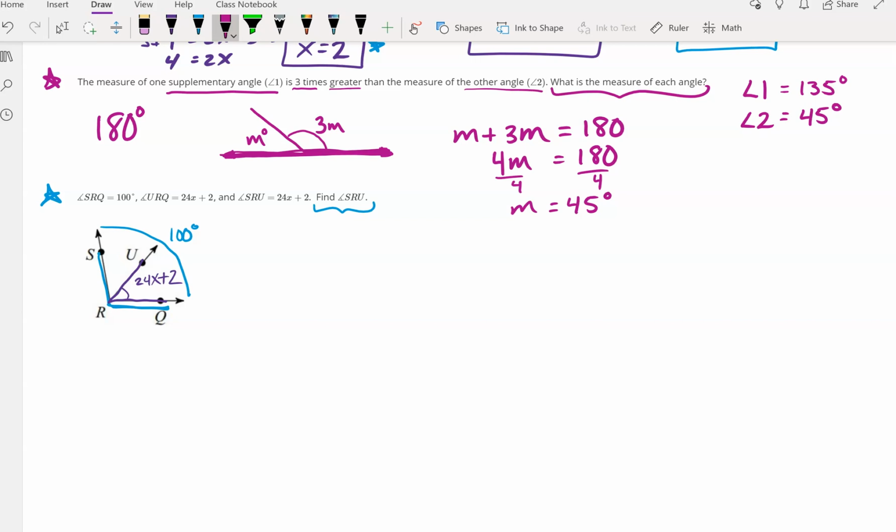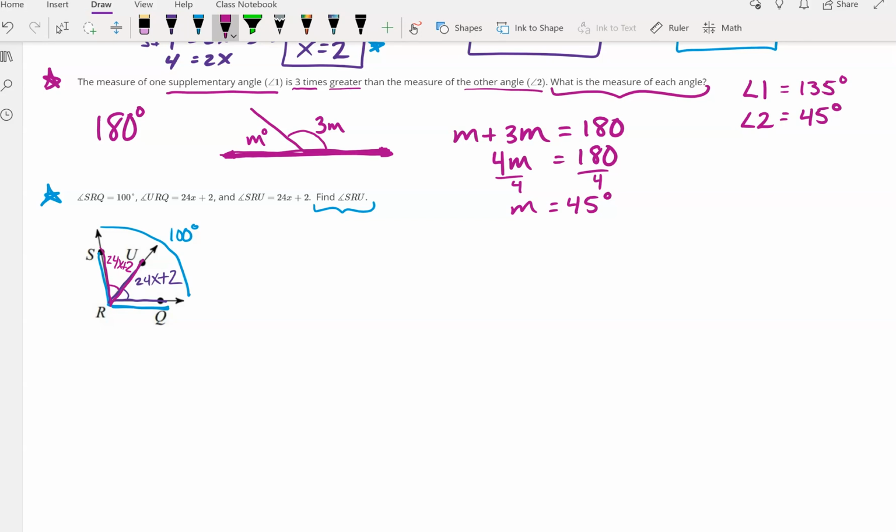It also says that the measure of SRU is 24x plus 2. Oh, okay, so these must be exactly the same in terms of their measurement. Interesting. Okay, so if these are exactly the same in terms of their measurement and the two of them added together is equal to 100, we could tackle this in a couple different ways.